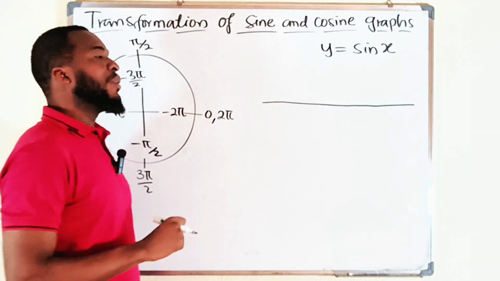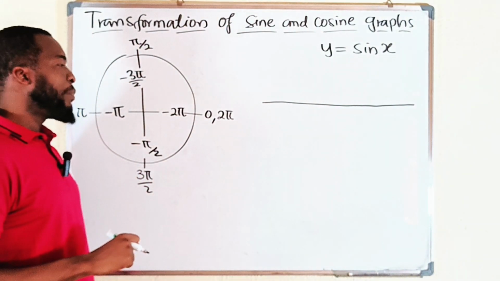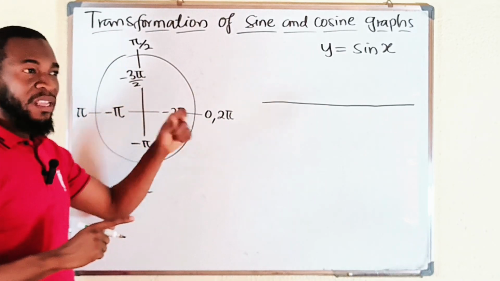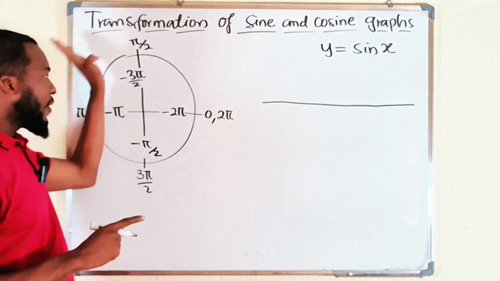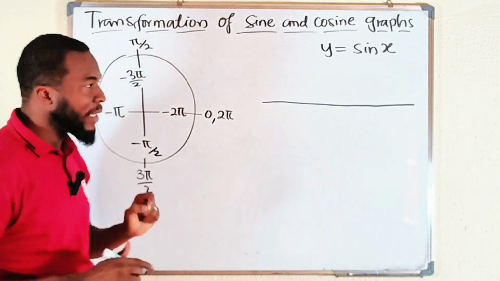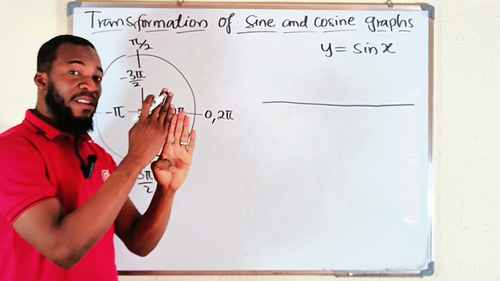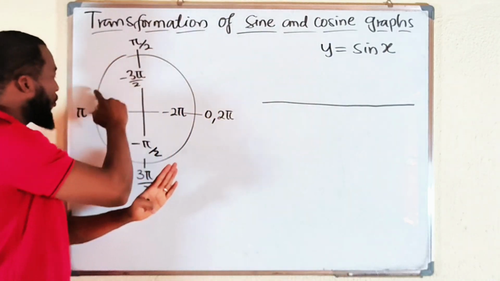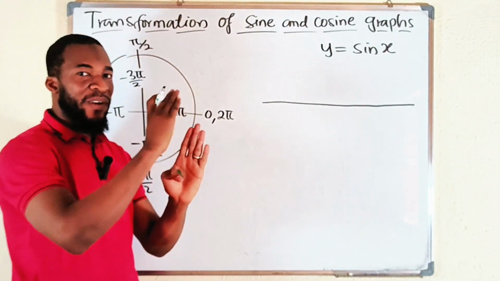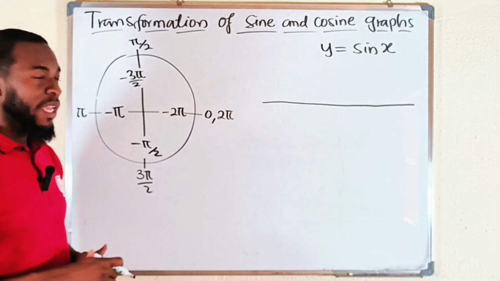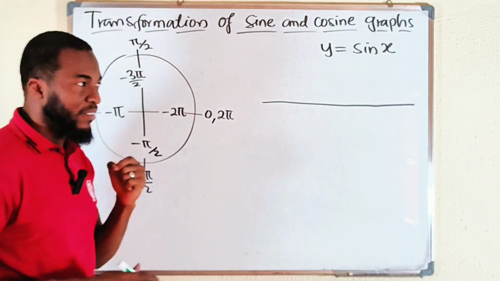All right, I would like to start by writing the period. One complete cycle in this direction is 2 pi. And if you follow the other direction, you have negative 2 pi. Because 0 is the center, we have 4 angles, 1, 2, 3, 4. I'm going to divide by 4. If you take 2 pi and divide it by 4, you're going to get pi over 2 each.